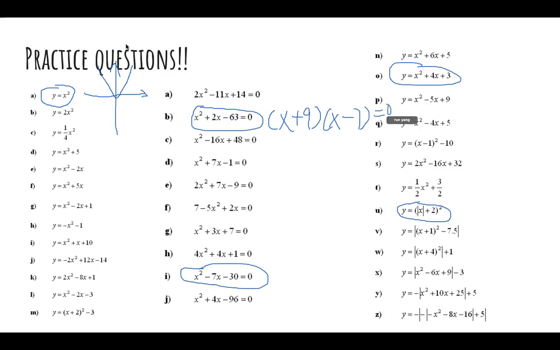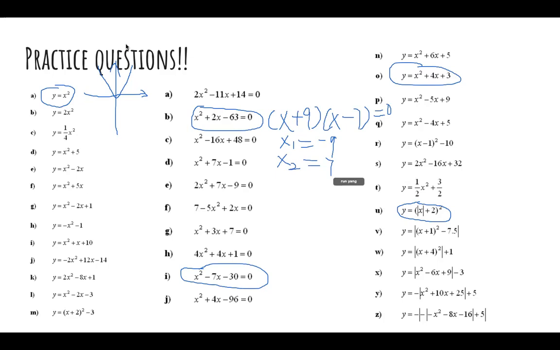Okay, so after we factor it, we can now solve it. So we have two solutions for this equation. X1 equals -9, and X2 equals +7.